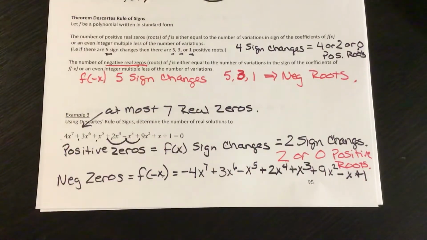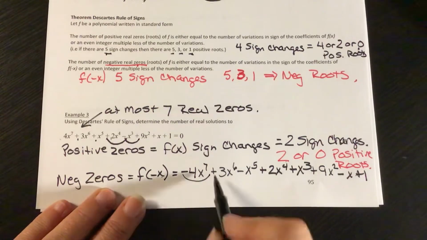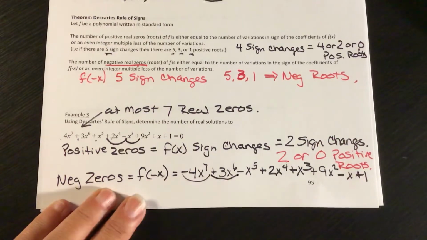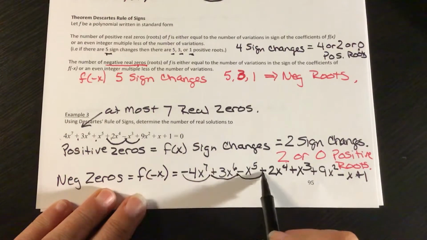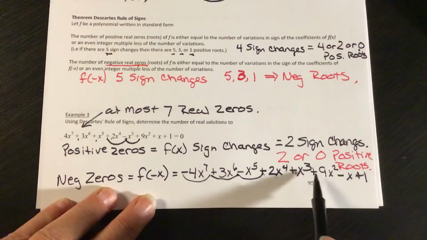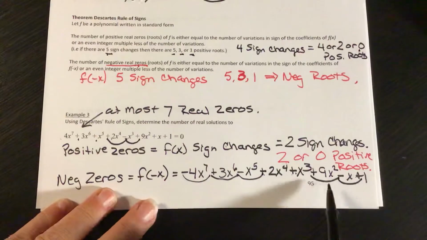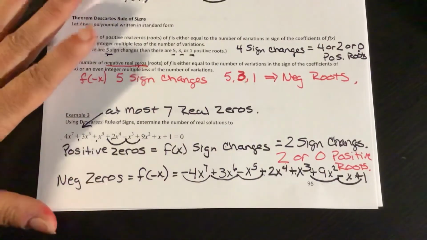So now we'll look for the sign changes. Negative to positive, there's 1. Positive to negative, there's 2. Negative to positive, there's 3. Positive, positive, positive, here's 4, and here's 5. Anytime my sign changes, I'm counting.